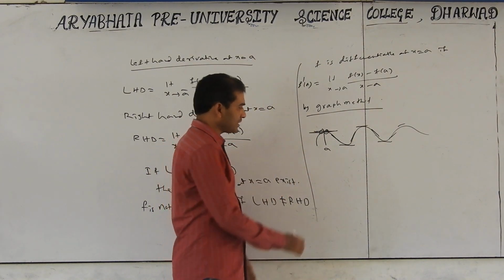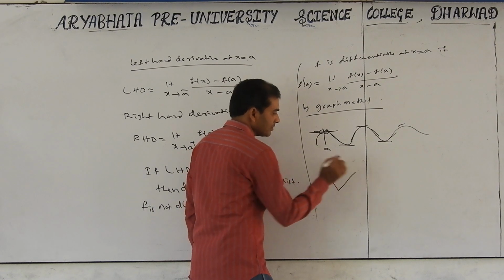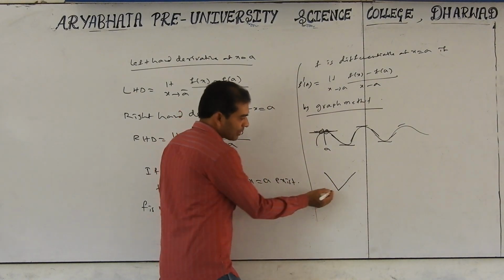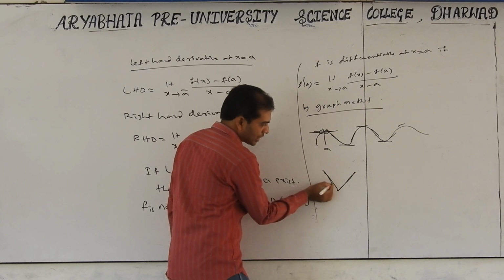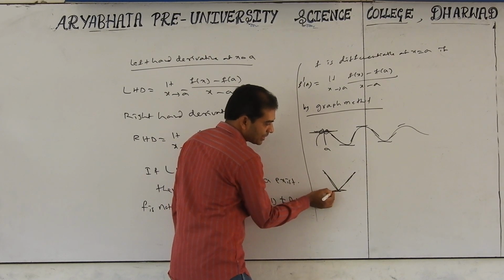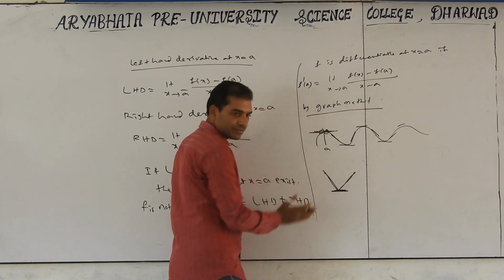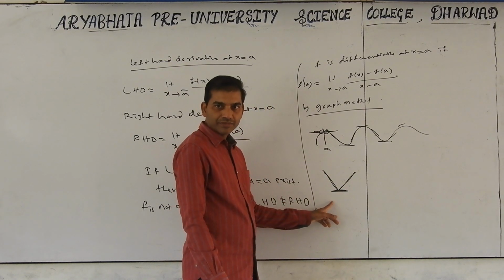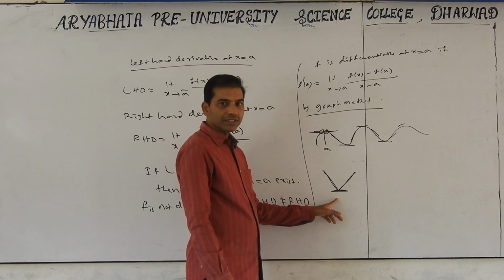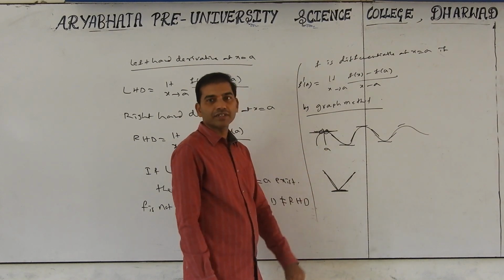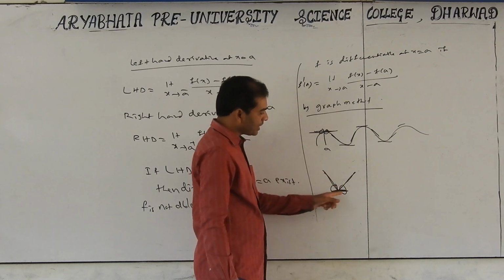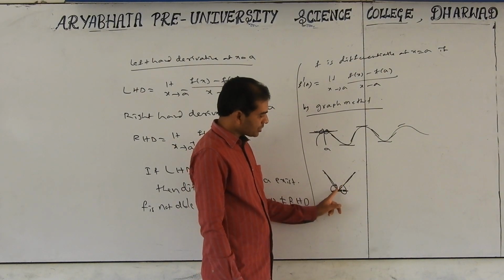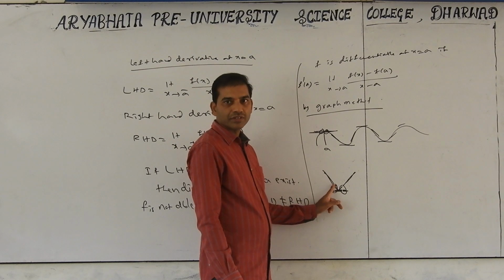If there is a sharp edge like this, here is a sharp edge. Up to this there is no sharp edge, but here there is a sharp edge, so we can't draw a tangent. At this point f is not differentiable. Here the left derivative and right derivative give different answers: the right derivative is positive and the left derivative is negative.